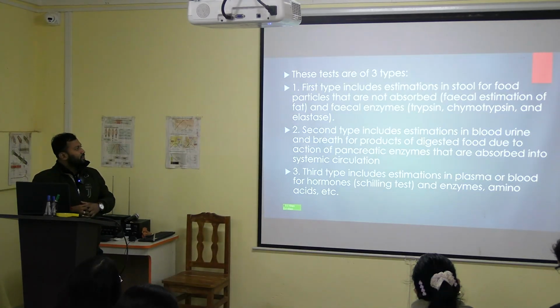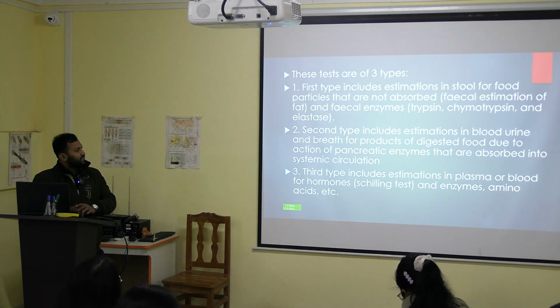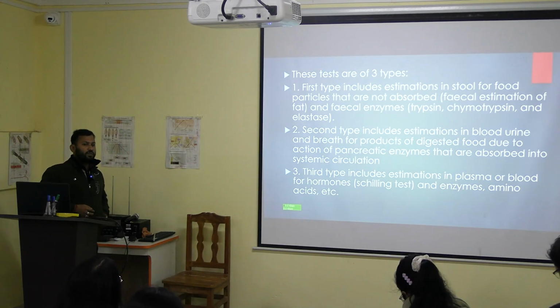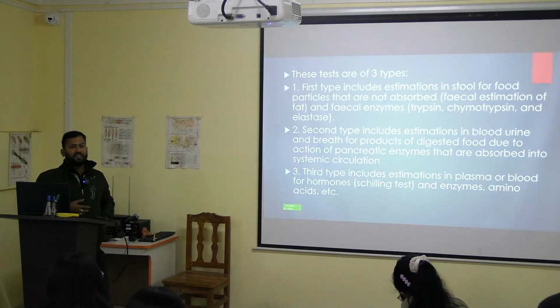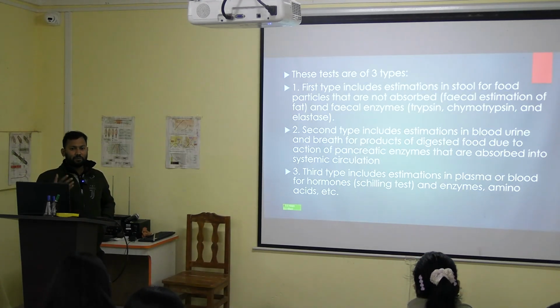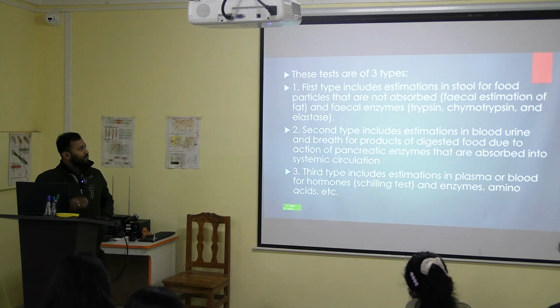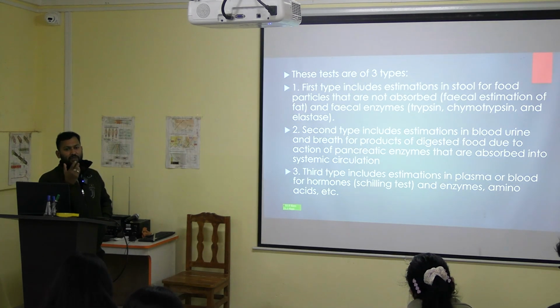The second type includes estimations in blood, urine and breath for products of digested food due to the action of pancreatic enzymes that are absorbed into the systemic circulation. So after the nutrients of the food particles are absorbed with the help of the pancreatic juice, we will look for how much of the nutrients are actually absorbed into the blood and urine.